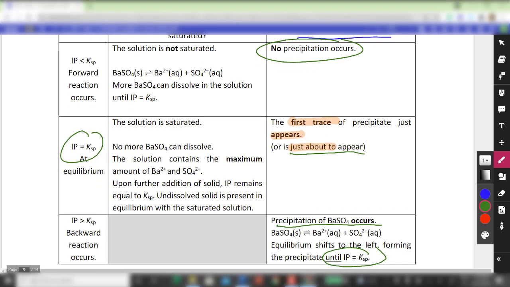If you try to dissolve more, nothing can dissolve, because the maximum amount of aqueous ions, in this case Ba2+ and sulfate, is already fixed by the Ksp. Even if you force it, it cannot dissolve unless you heat it. But if you heat it, it's a different ball game because you are changing the value of Ksp.